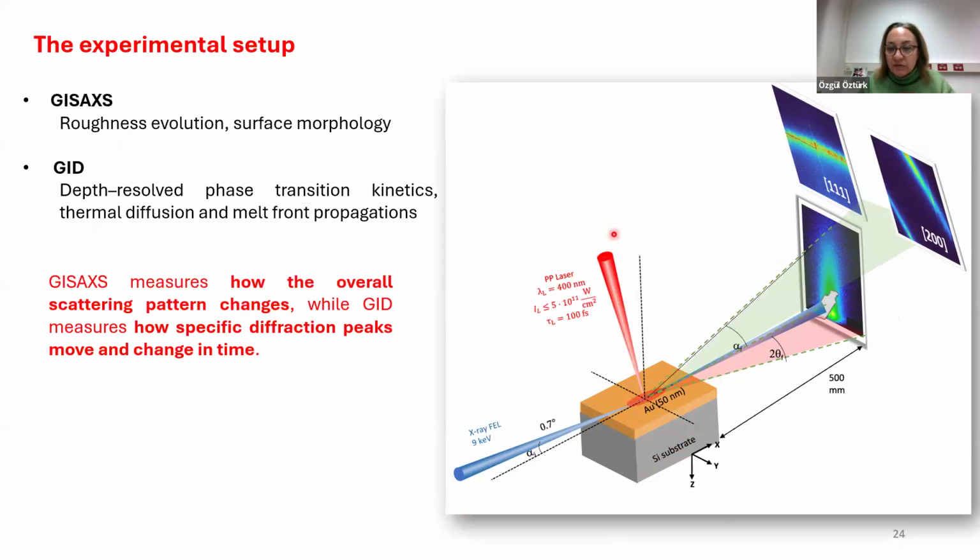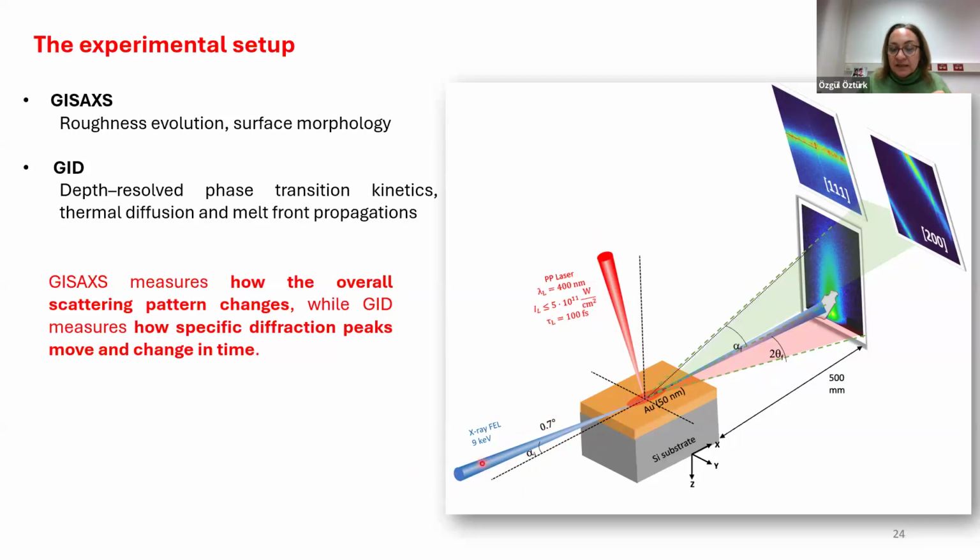This red one is the optical laser, which is heating our sample. It is nearly vertical to the sample. And then with a certain delay, we probe what is happening on the sample after heating with the pump laser.